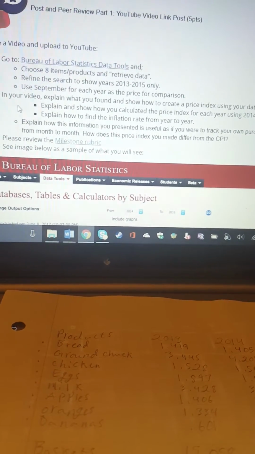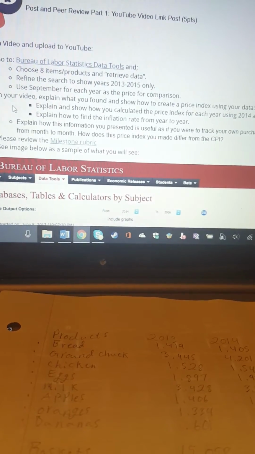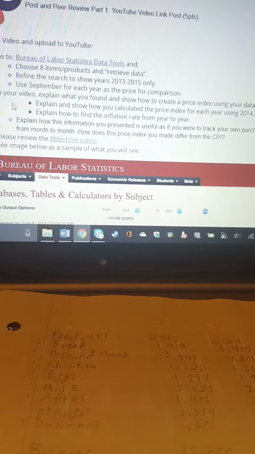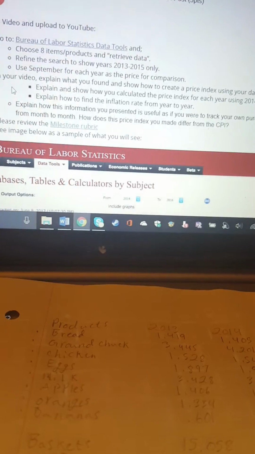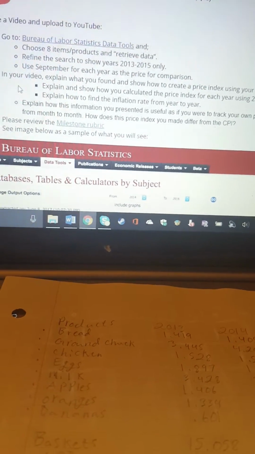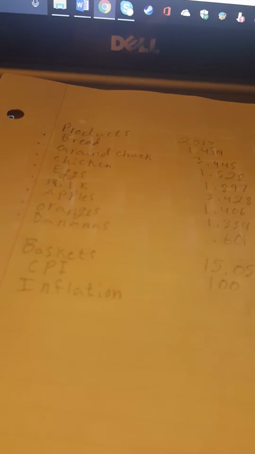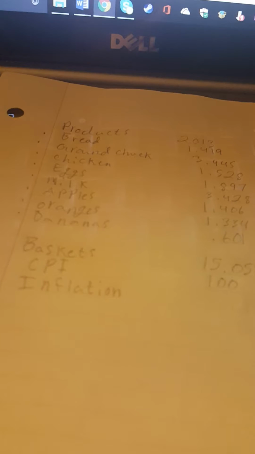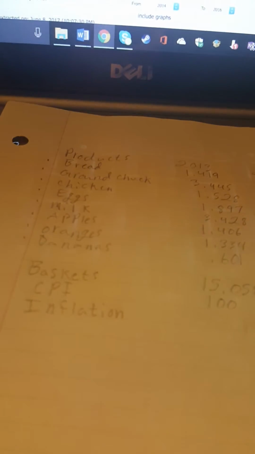Now, how may this price index differ from the CPI? Well, this price index is different from CPI. It's only slightly different, I would say, because we're given the products and it's only by one quantity. The quantity would be the difference in price index versus CPI, because our quantity is 1 per product.